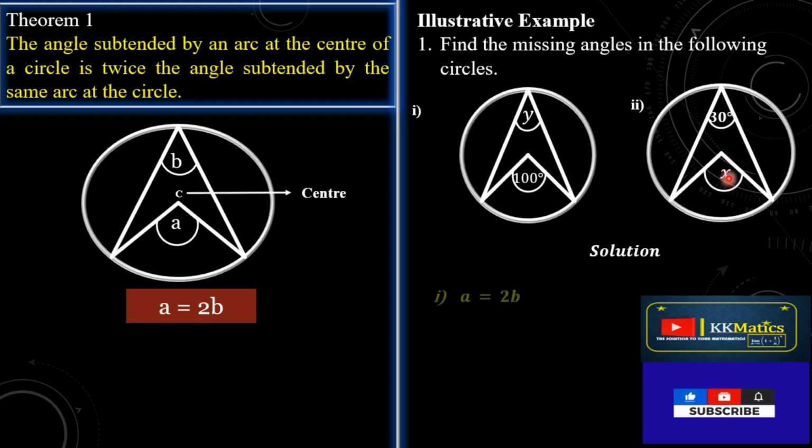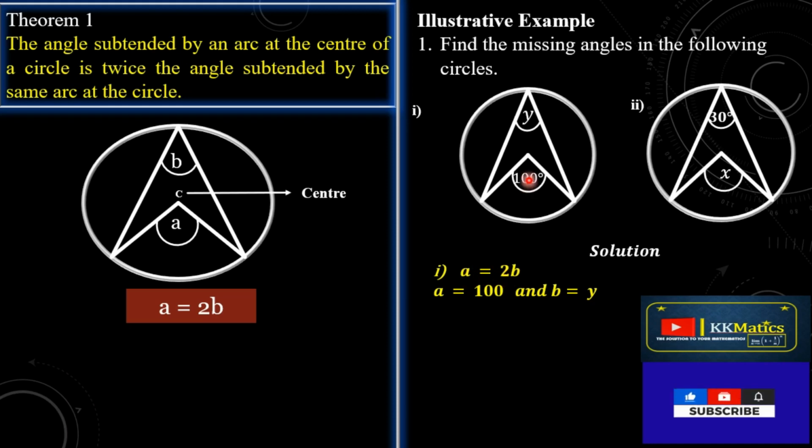So, the solution. Comparing this to the first theorem we just stated, we said A equals 2B.